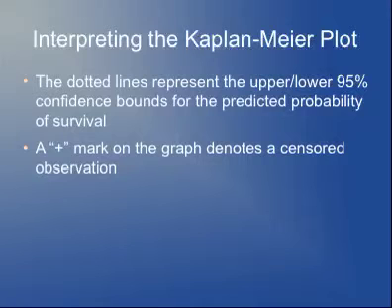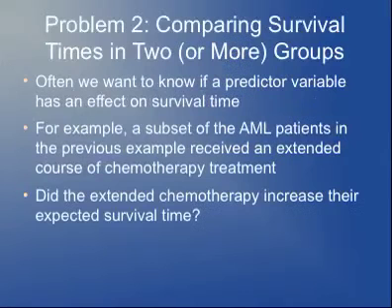I guess I already said most of this: the dotted lines represent the upper and lower 95% confidence bounds, and a plus mark on the graph indicates a censored observation. So that's how you estimate the probability of surviving to a given time.